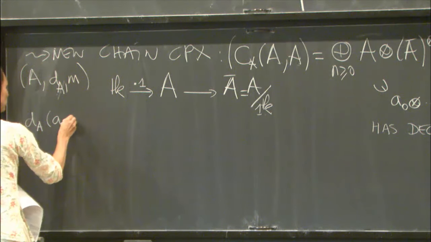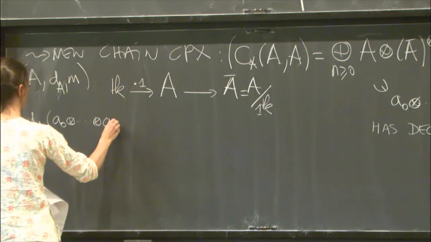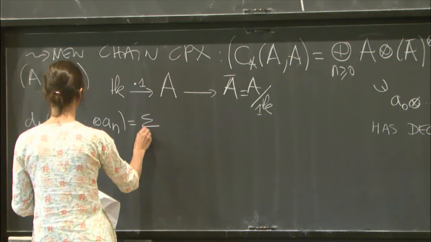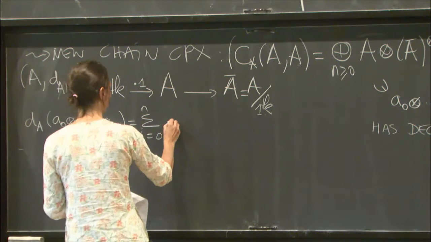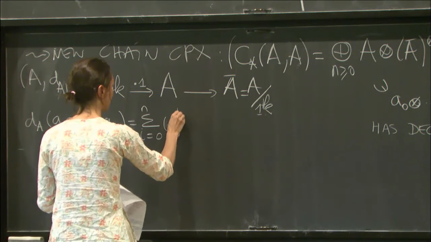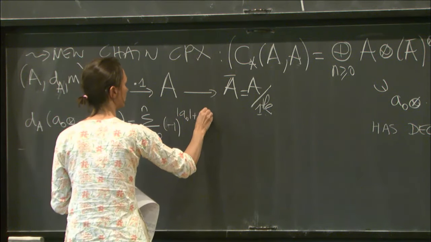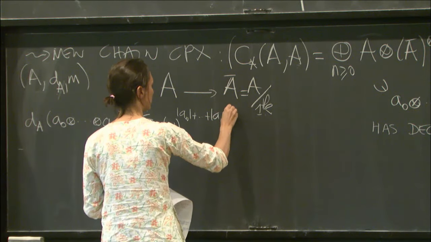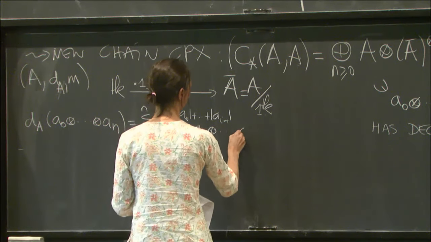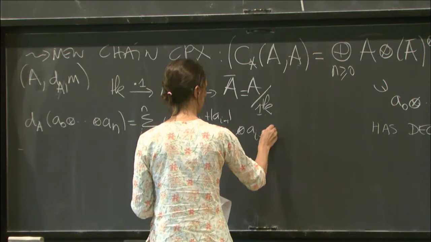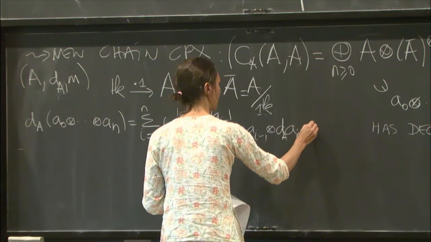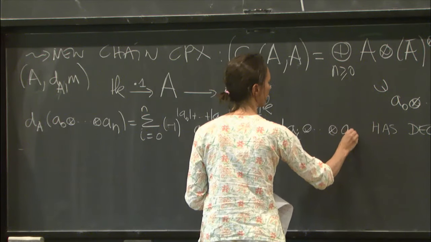Let me write it once so we have seen it. dA of A0 tensor AN is going to be a sum, I goes from 0 to n, of, well, there's a sign, minus 1 to the A0 plus AI minus 1. And then you go A0 tensor AI minus 1, and when I get to AI, I take a differential in A, dA of AI tensor, and then I'll leave the other ones as such.